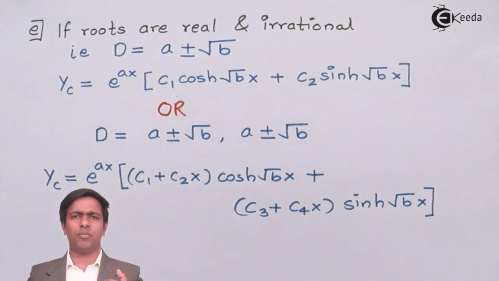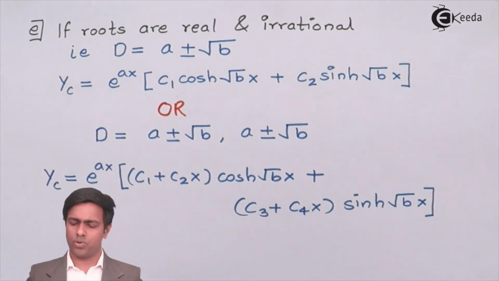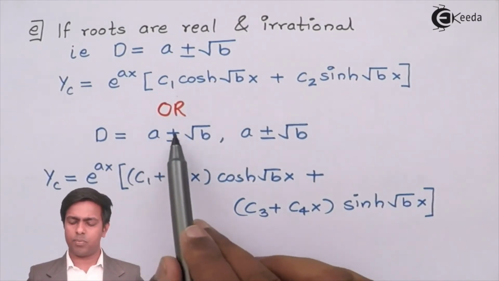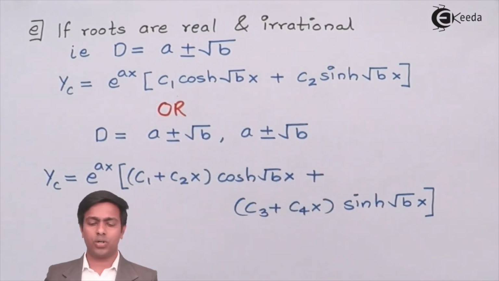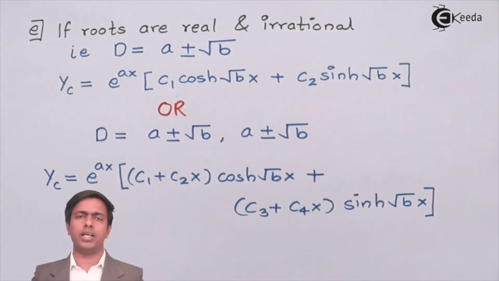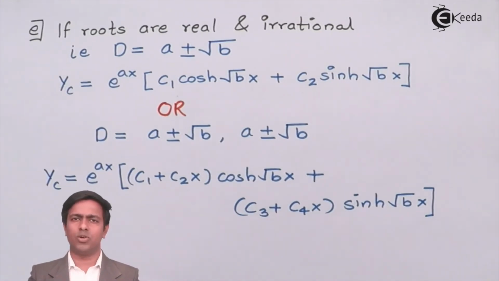Then I have taken one more example where I have repeated that real and irrational root. So the root is like a plus or minus root b and a plus or minus root b. So here the root a plus root b is repeating 2 times, and the root a minus root b is repeating 2 times. So what is the solution?